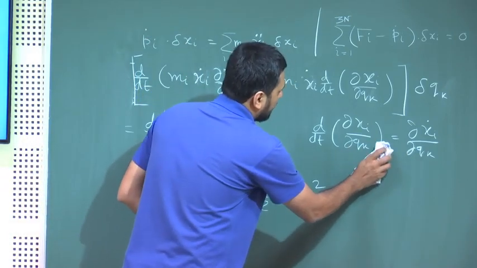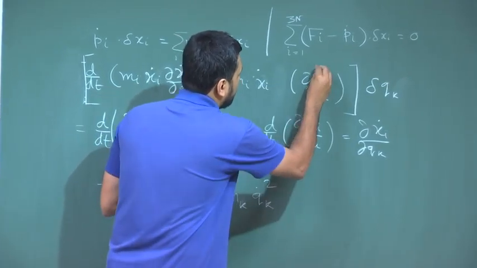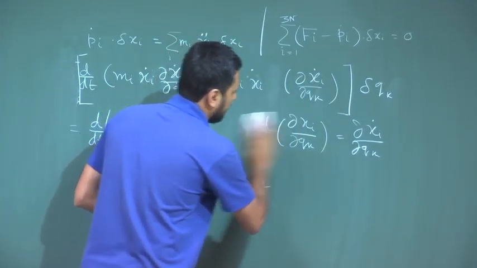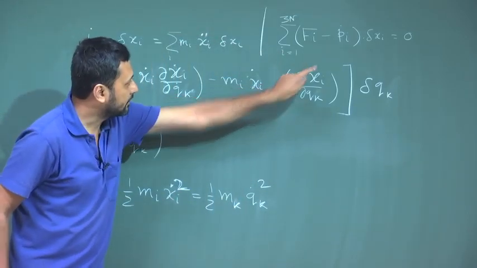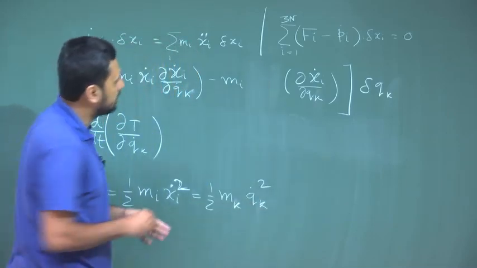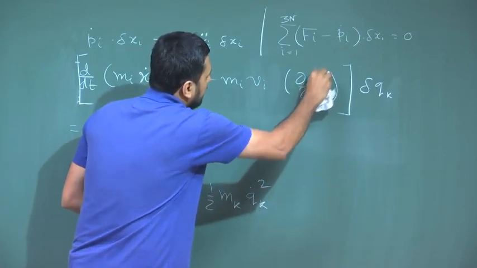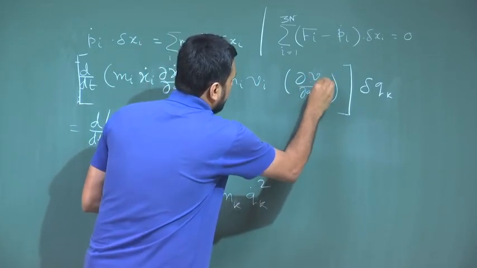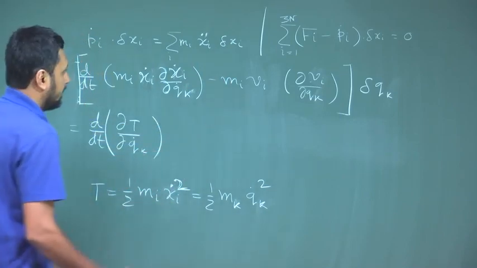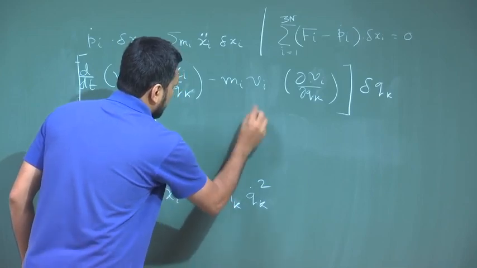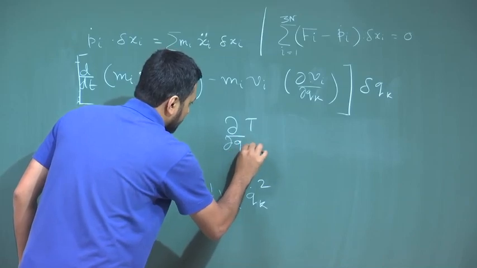Using this, we can get rid of this ddt term here and put this on xi. So, once again this is an xi dot, this is xi dot, and we replace it with vi here and vi here, and we identify this term as the derivative of T with respect to qk.